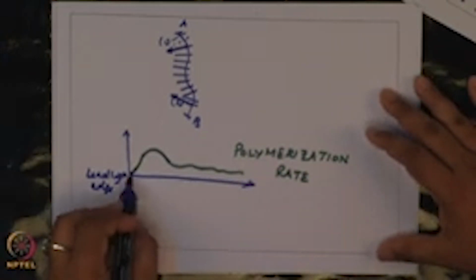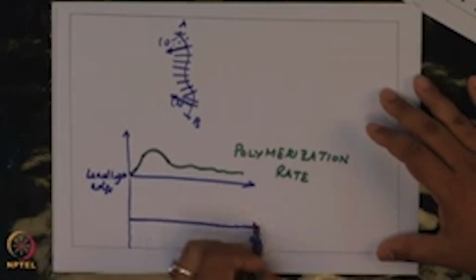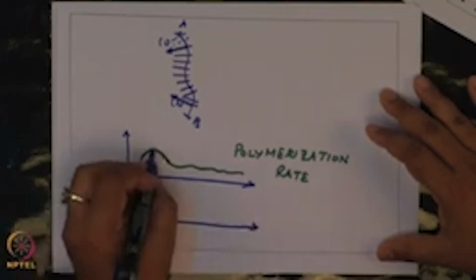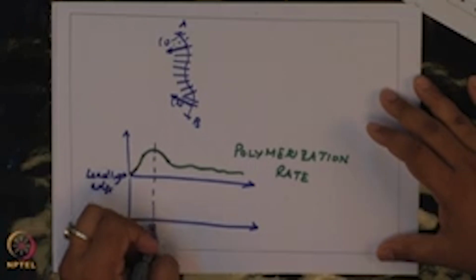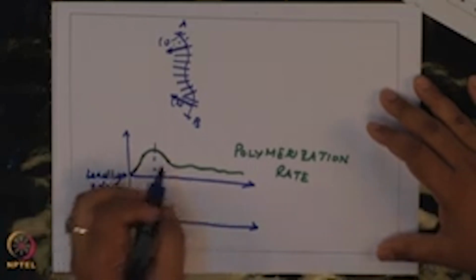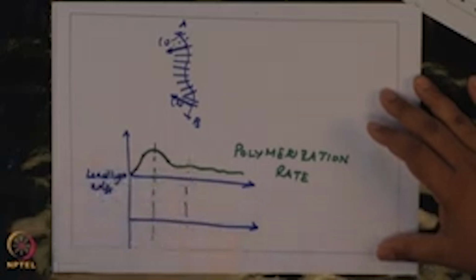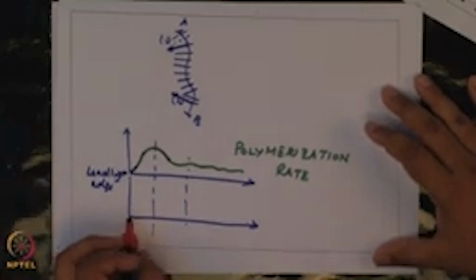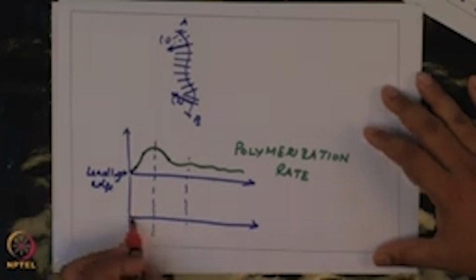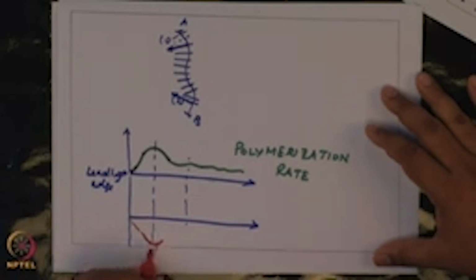Similarly, let me just point out this position of the peak, and this position, the depolymerization rate. Because I am plotting the depolymerization rate in the negative direction, you will see that it also exhibits a peak which is slightly off this peak, and then it drops and you have this line.